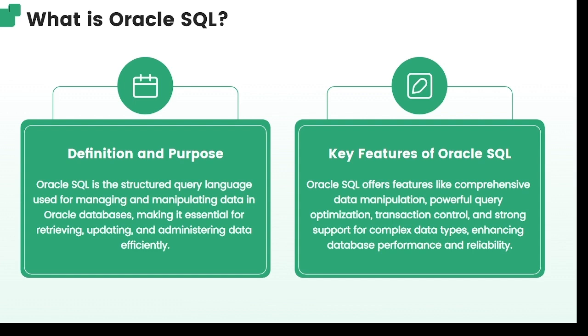It helps us to store, retrieve, update, and manage data in an efficient and secure way. So, in short, Oracle SQL allows us to work with the data, to query it, to update it, and manage it directly within Oracle's powerful database environment.